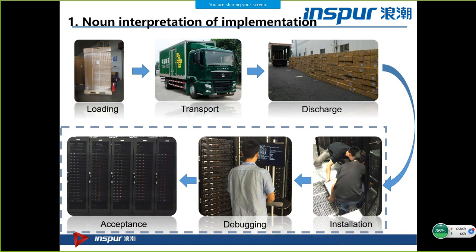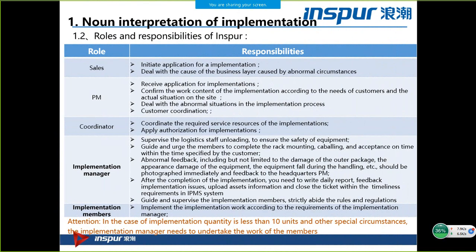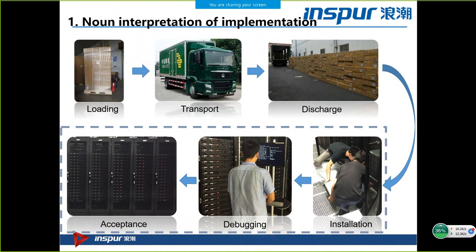For example, this time is England, UK, and discharge the servers at the data center, usually the loading dock. And then we will do the installation. After installation, we will check the server and do debugging. And finally, our customer will accept this project. It's a flow chart.